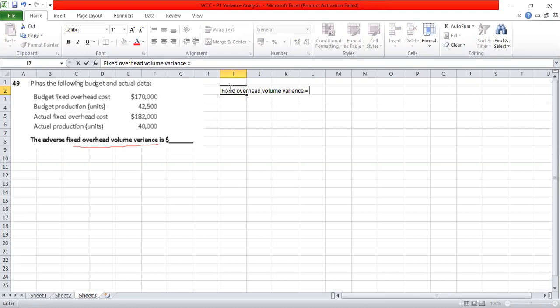The volume of production which they have decided is 42,500. The actual volume of production which happened is 40,000. So now there is a difference in the volume of activity, 42,500 minus 40,000. Now this variation between the two production levels should be valued at the standard fixed overhead rate.